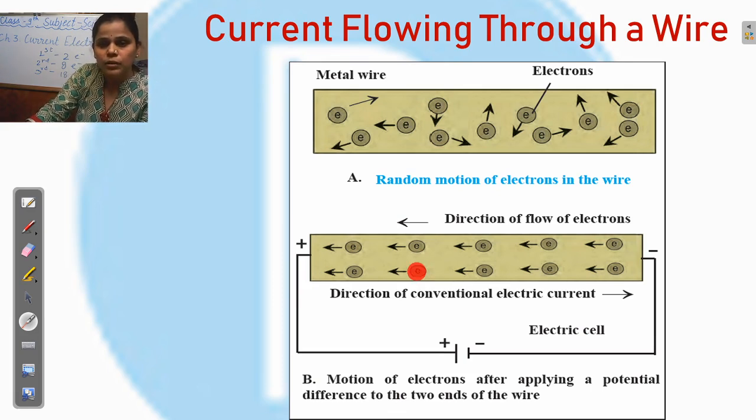So in this way the direction of the electrons is from the negative terminal to the positive. The direction of the current flowing is opposite to the direction of flow of the electrons. So the current will flow from the positive terminal to the negative terminal. It's clear, students?